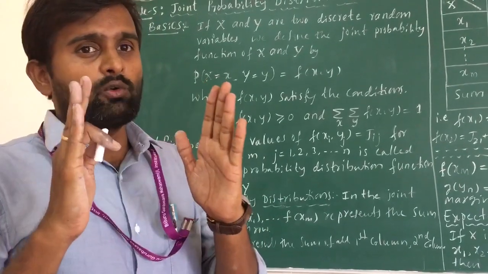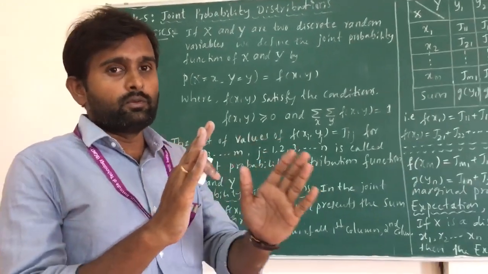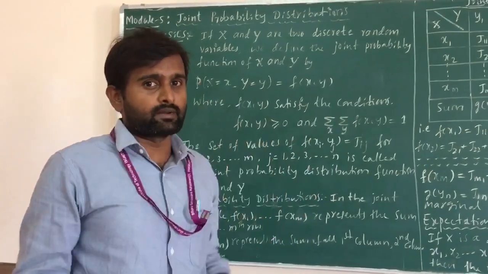We know that if you have only one random variable, we can find the probability of that variable.